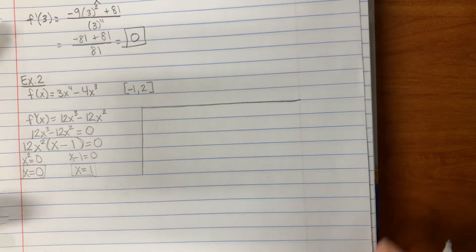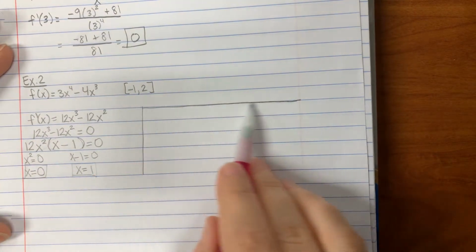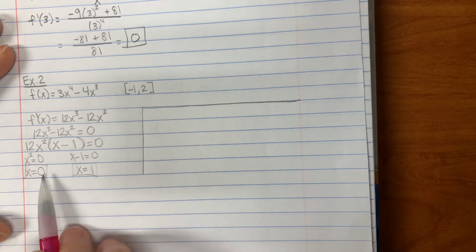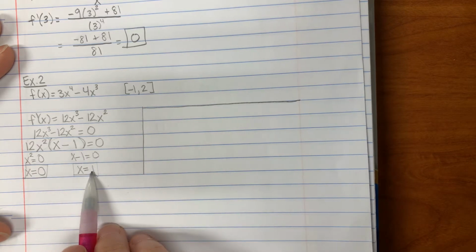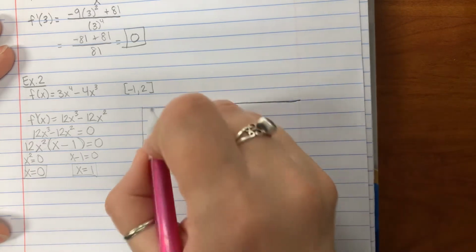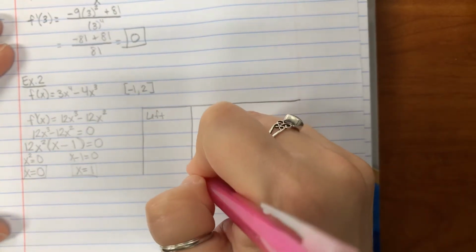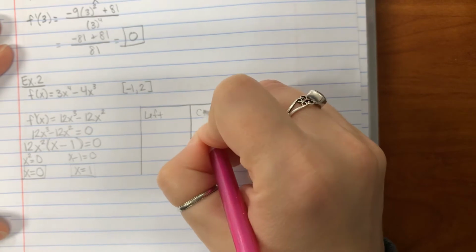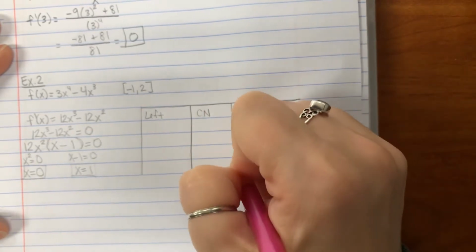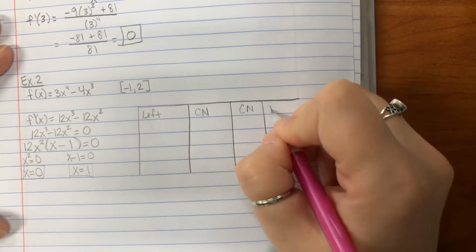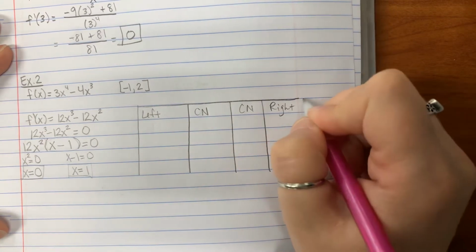On a number line, I need to think about my endpoints, -1 and 2, and anything inside that interval that's a critical number. So I'm going to think about my left endpoint, my critical numbers, of which I have 2 right now, and then my right endpoint.